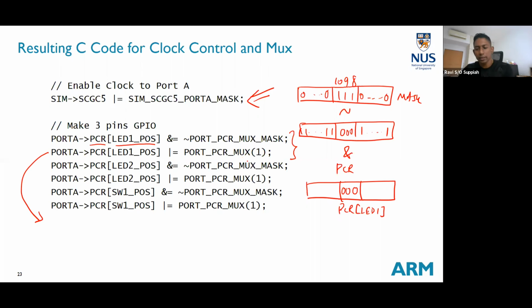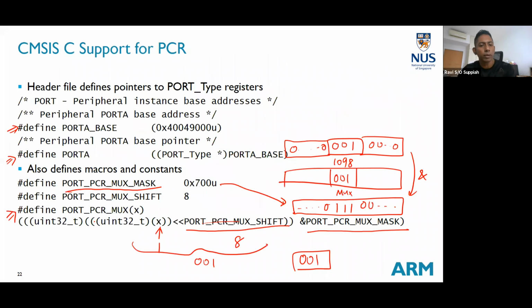So this is actually the use of the macro over here. When I call PORT PCR MUX 1, what I explained is happening. That means I'm putting a 1 into the X. I'm shifting left by 8. So the 1 comes here, bits 8, 9, and 10. Then I do the AND with the mask, which is to make sure that I only keep bits 8, 9, and 10.